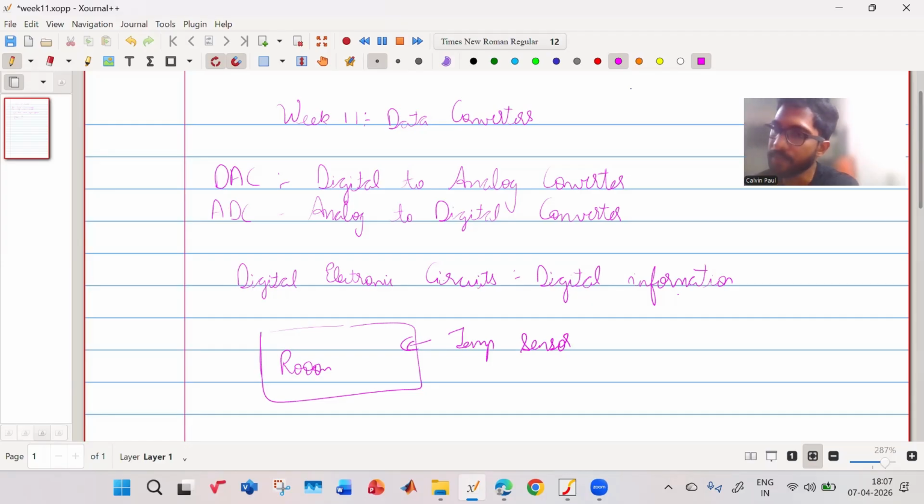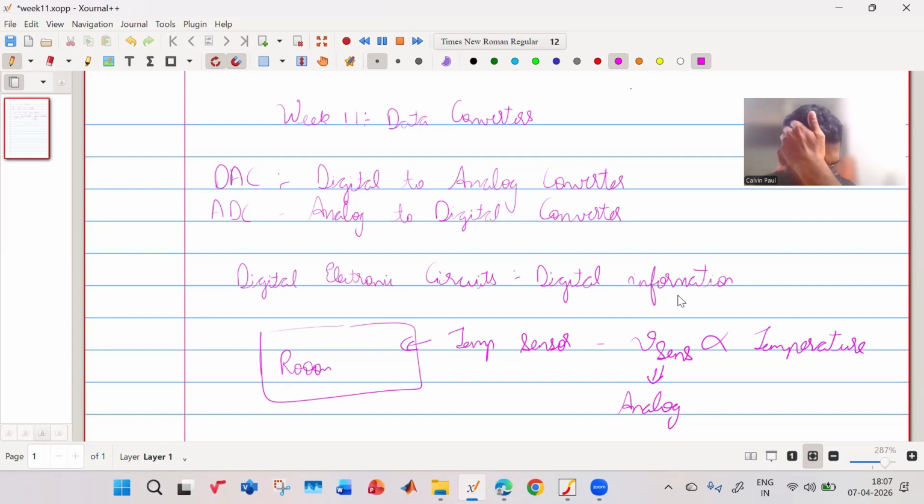Usually, your temperature sensor will generate a sensed voltage, which is proportional to your temperature. Now this is a voltage, so it is analog. It is varying continuously with time.